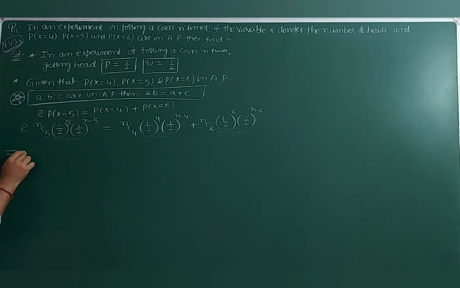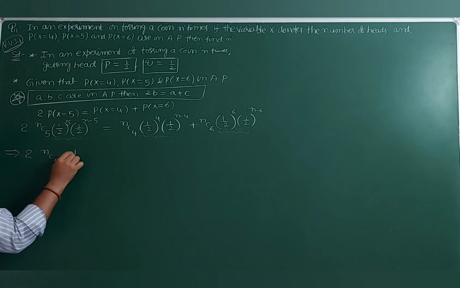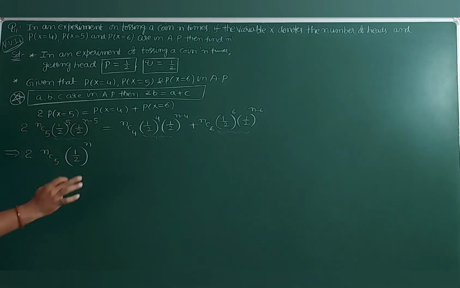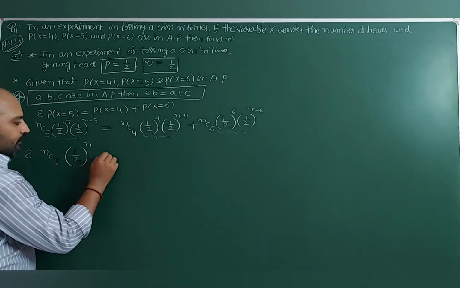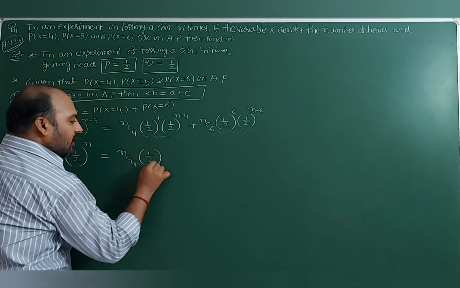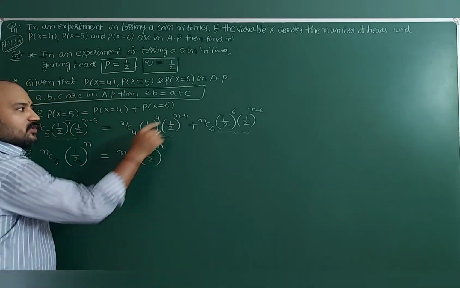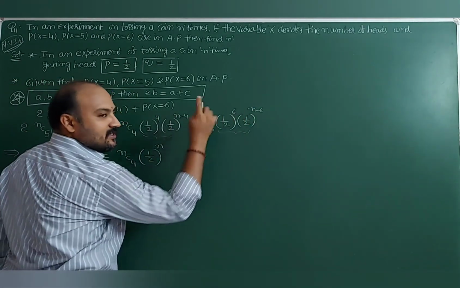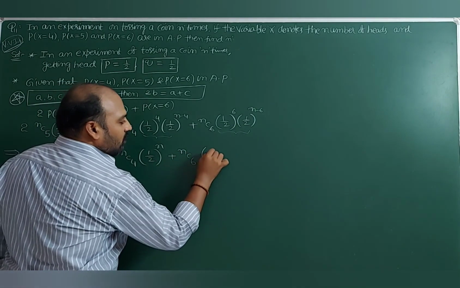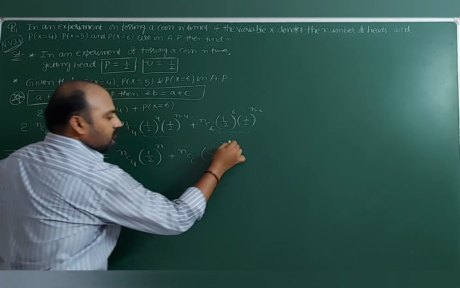So 2 times nC5, (1/2) power n will come, minus 5 plus 5 get cancelled, only n. nC4, (1/2) power n, minus 4 plus 4 get cancelled, here minus 6 plus 6 also cancel, nC6 (1/2) power n.